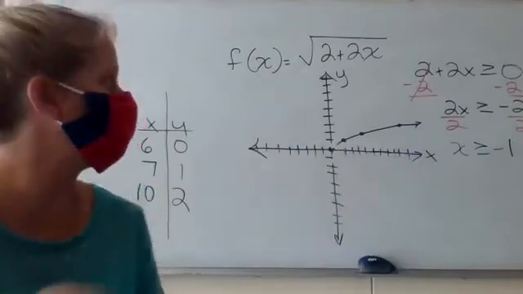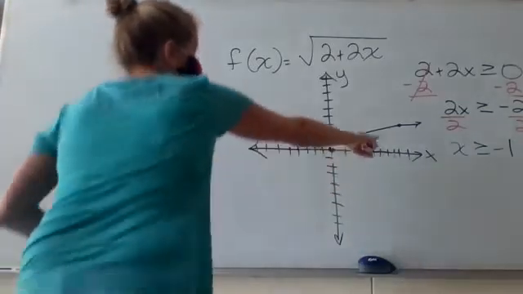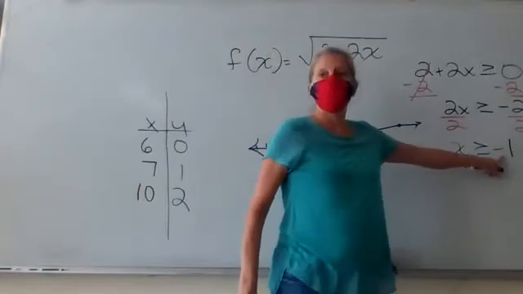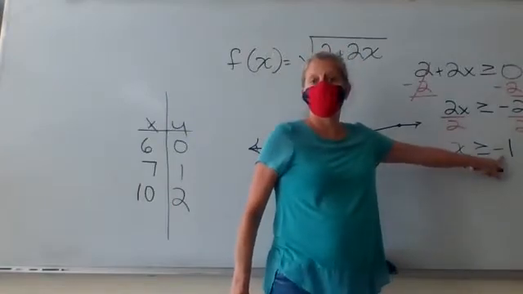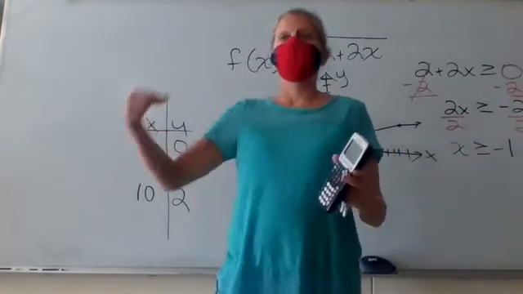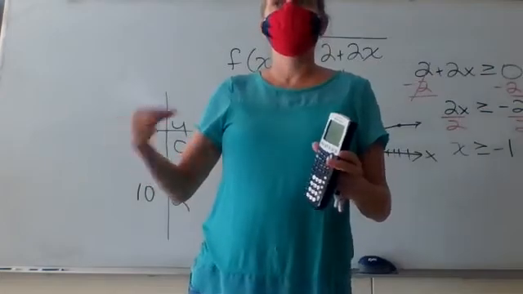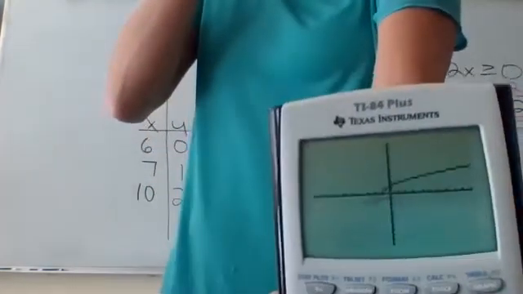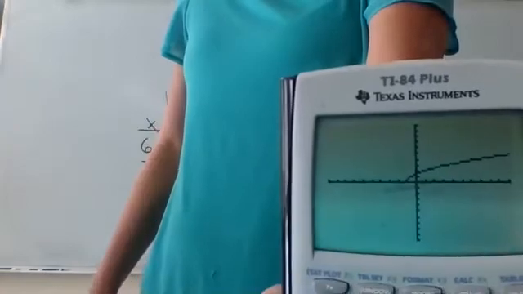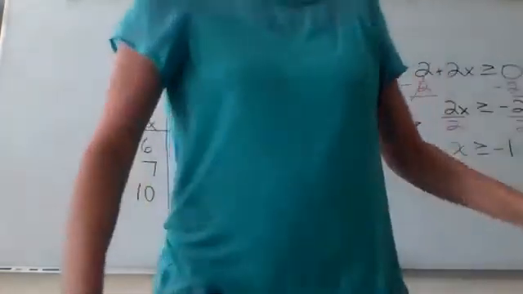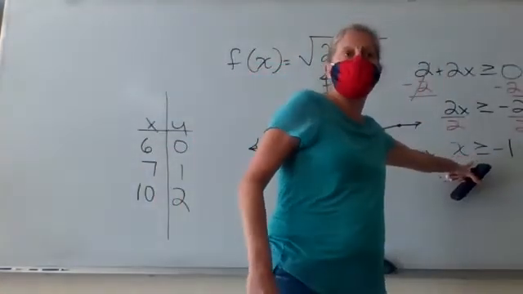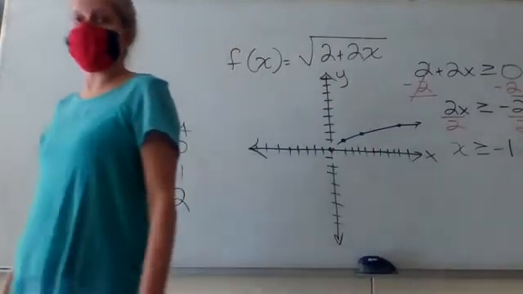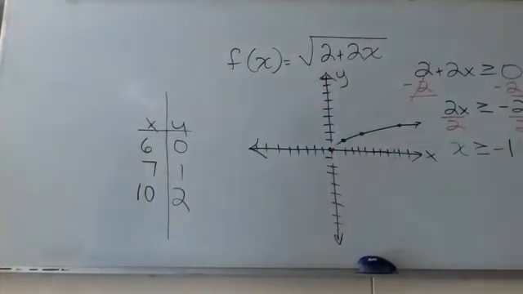What is the lowest thing that my x could possibly be? Negative 1. Look where it moved it, to where x was negative 1, right? On the graph, look where it starts on the x-axis. It starts at the very lowest thing that x can possibly be, which is negative 1.